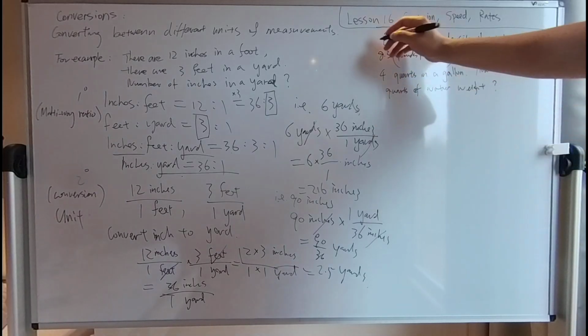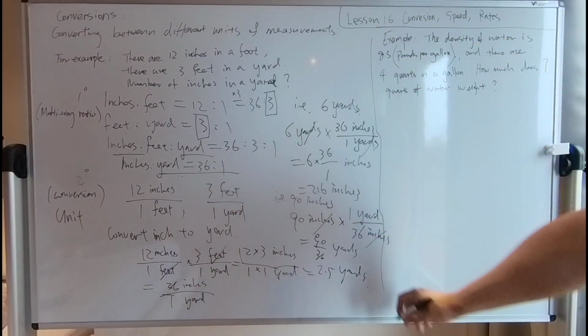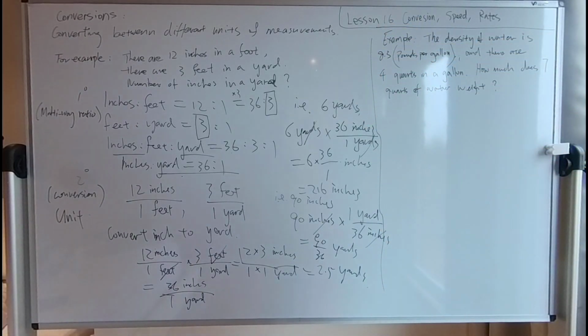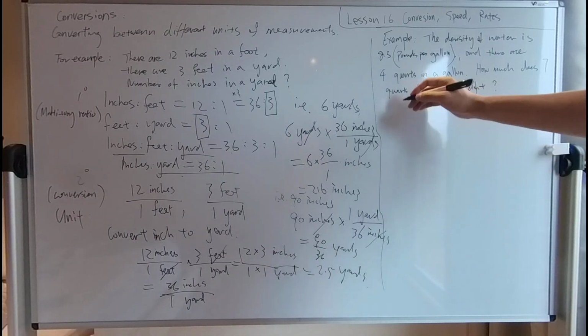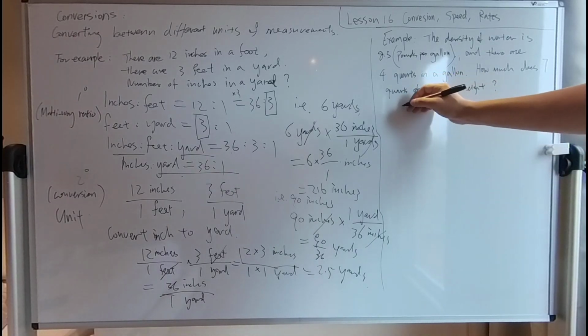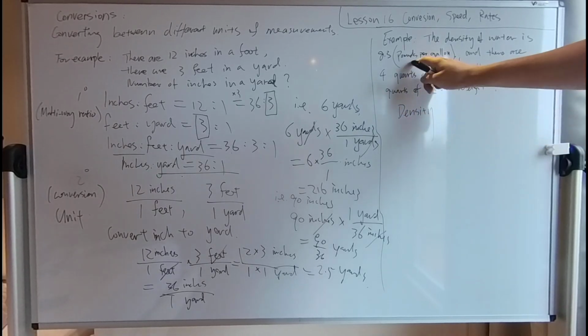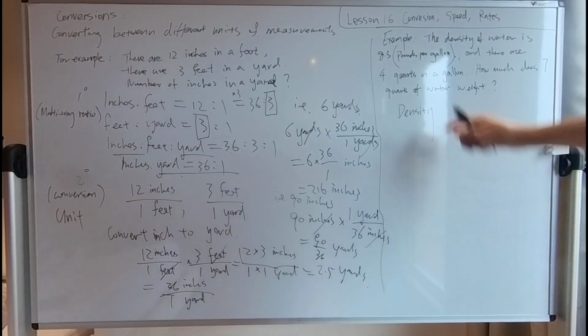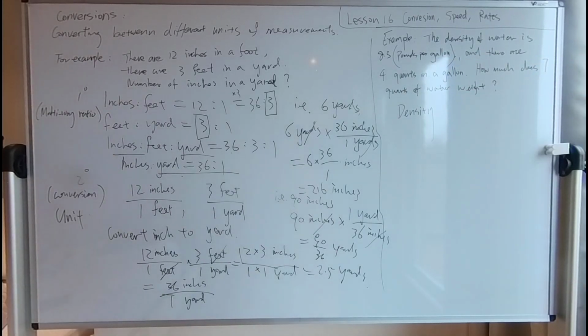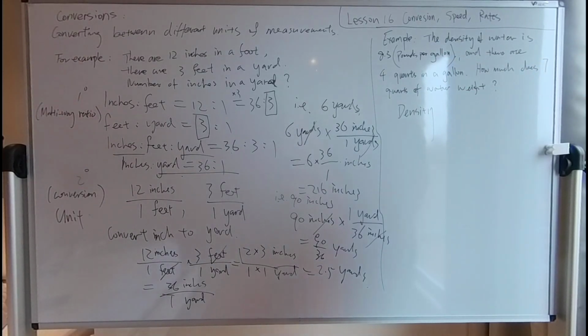So there are two ways to solve it. Let's try the first way, which is to first write out the conversion, which is the density. Density converts weight over volume in terms of gallons or quarts, right?